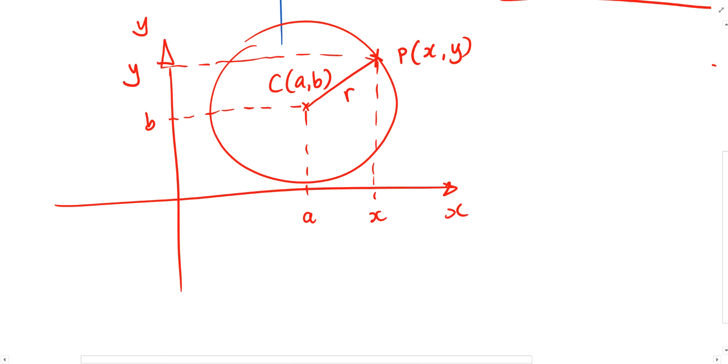I want you to be able to describe point P in words with respect to the point C. Think about how you will describe point P with respect to point C. Yes? Is it y minus b units away? Not exactly, because y minus b units away, you're just considering the vertical distance.